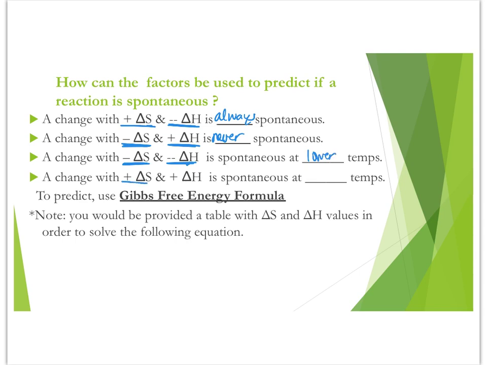If I had an increase in disorder but an endothermic reaction, it would be good at higher temperatures. This is an extension, you don't have to memorize it, but what you absolutely need to know is this first bullet. What's the best case scenario? An increase in randomness and a release of heat.